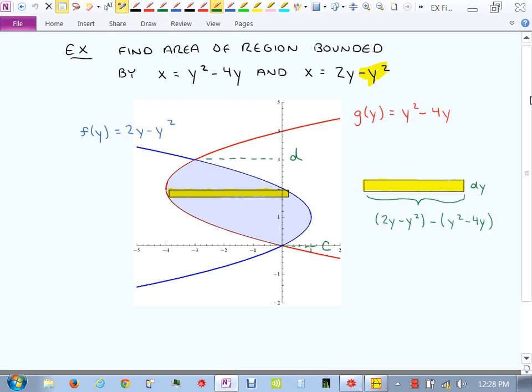So I want to take the last 10 minutes I have to talk about how you can graph this on your calculator, because some people may not know how. So get your graphing calculators out.